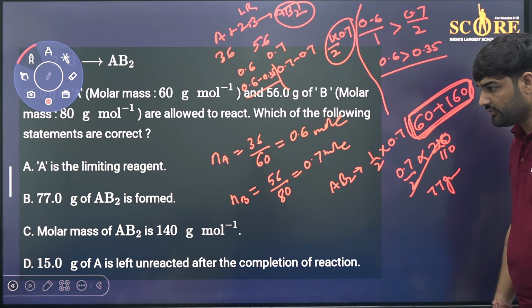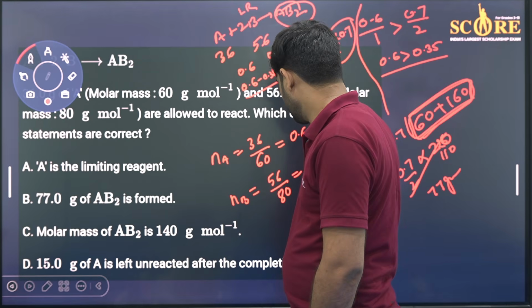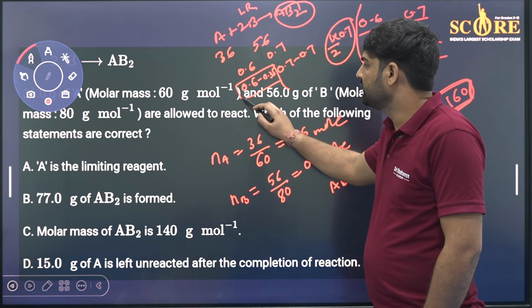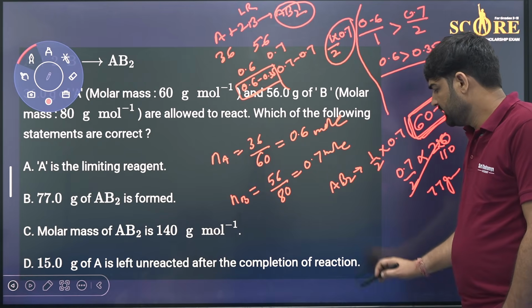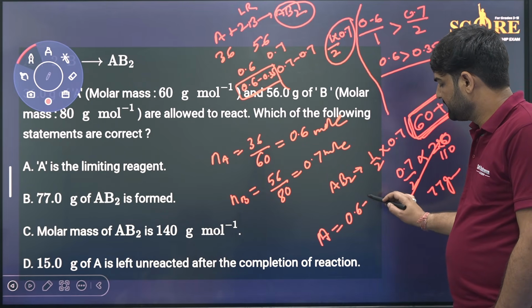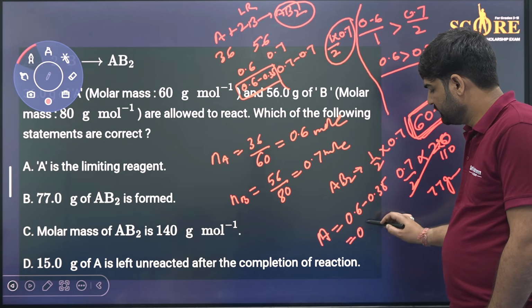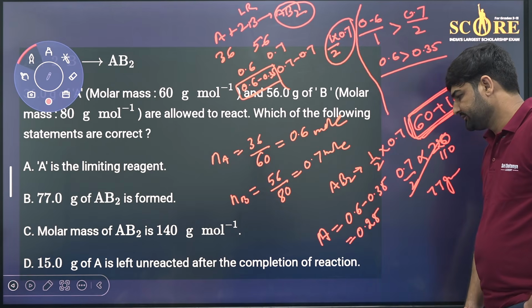Now, 15 gram of A is left unreacted after the completion of the reaction. So this is the left amount of A. What is this? Left amount of A is 0.6 minus 0.35. So this is 0.25. I think this is clear.